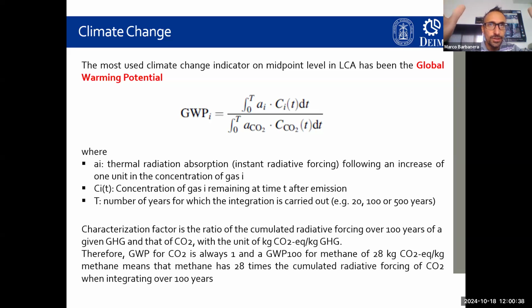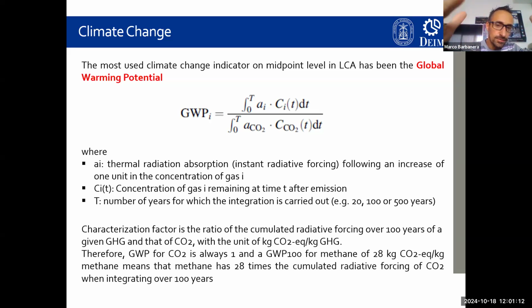So each greenhouse gas will be characterized by a different global warming potential. And how is the global warming potential defined? The definition of the global warming potentials for the different greenhouse gases is based on this equation.